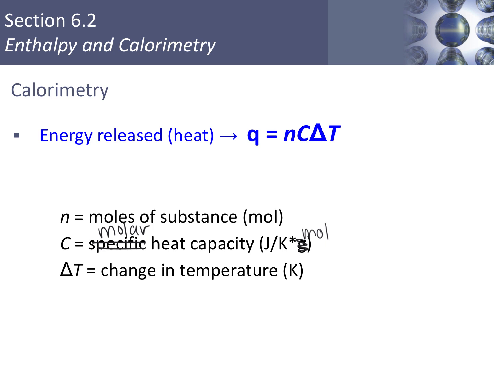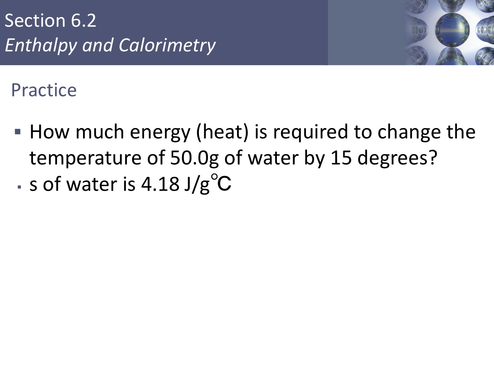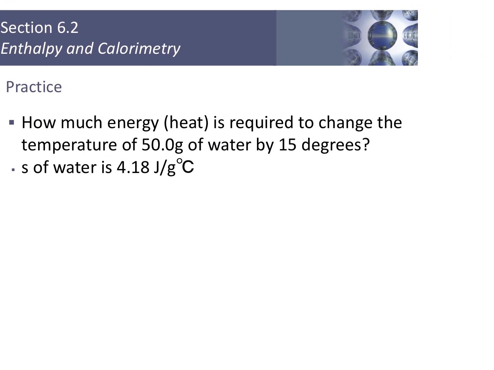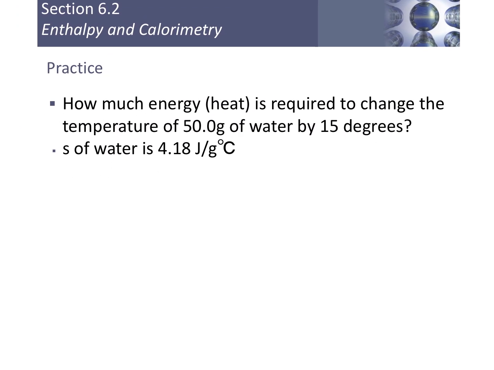All right, we're going to try some problems here. It says, how much energy, or in this case heat, is required to change the temperature of 50 grams of water by 15 degrees? The specific heat capacity of water is 4.18 joules per gram degree Celsius. Let me back up one second.